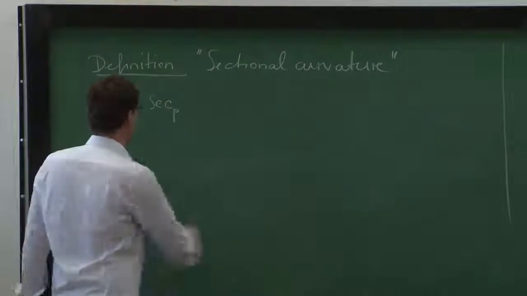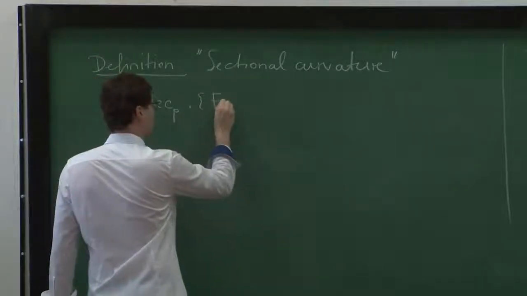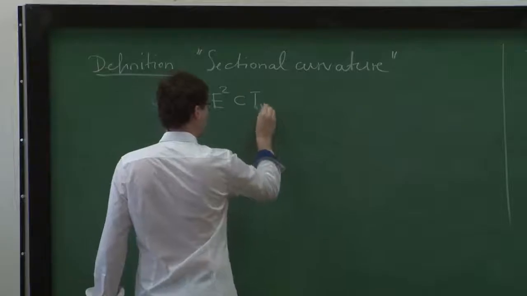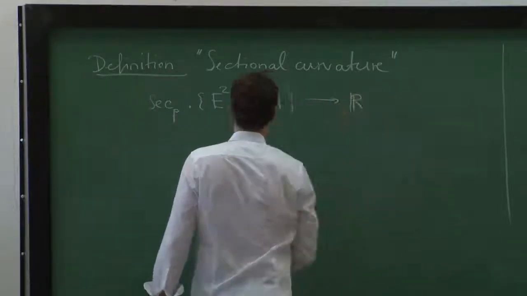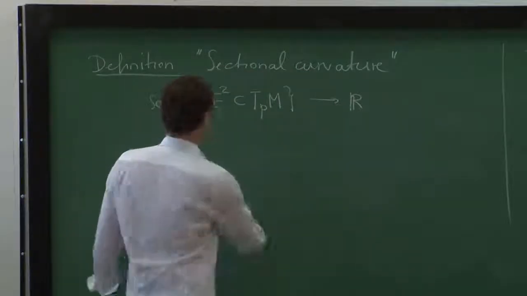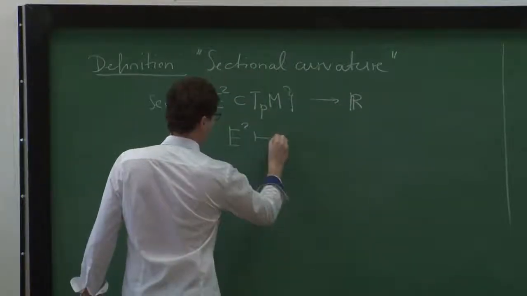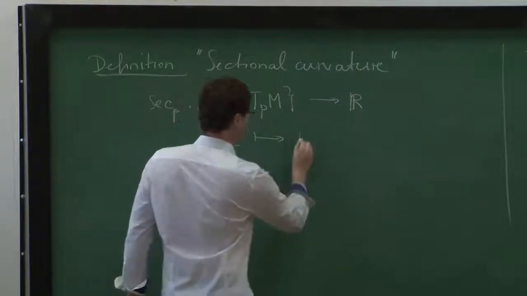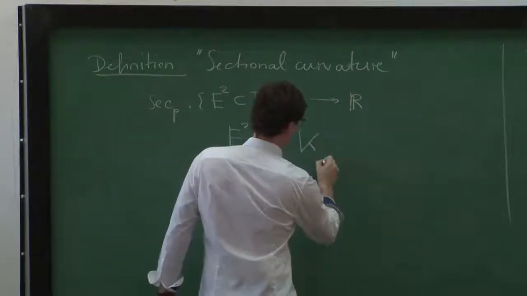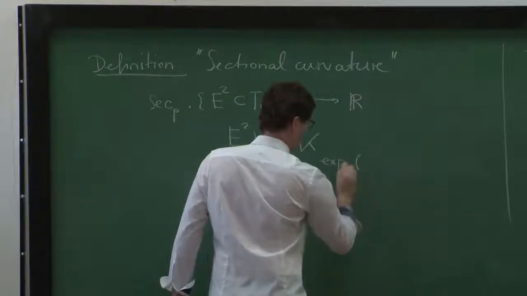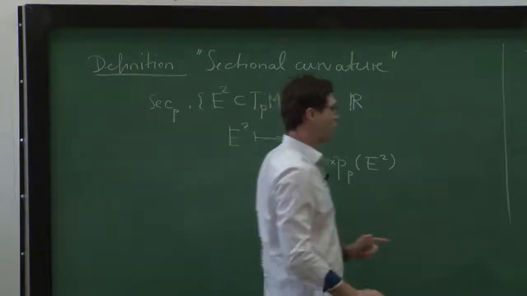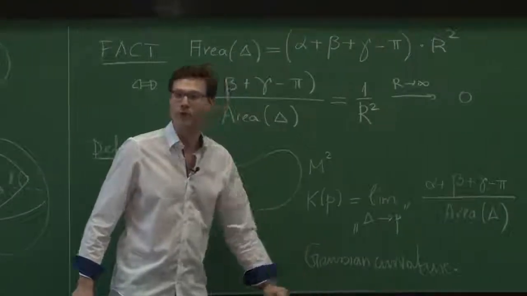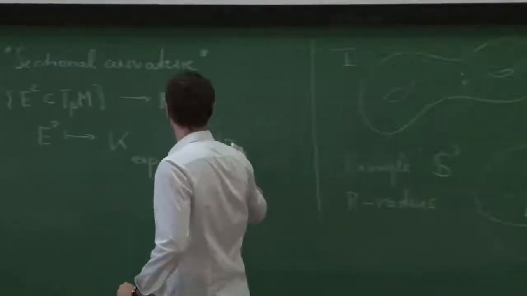At a given point P, it takes two-dimensional subspaces of the tangent plane and maps them to real numbers as follows. You take this plane E2 and map it to k of exp_p(E2). So this is the submanifold. It's two-dimensional, and therefore I can take the Gaussian curvature of this two-dimensional manifold at the point P.